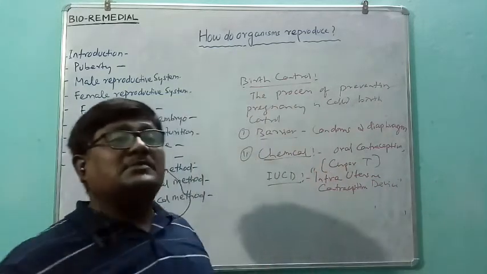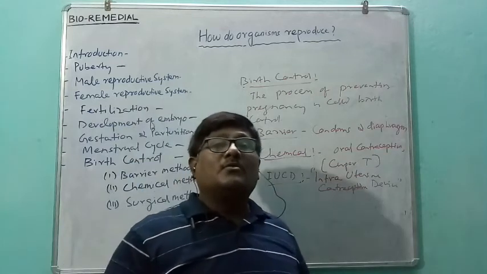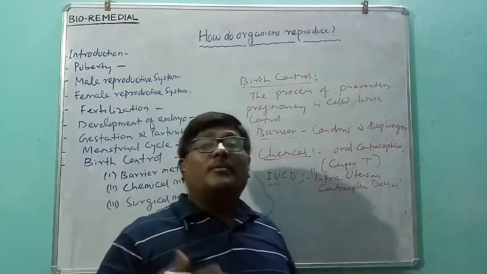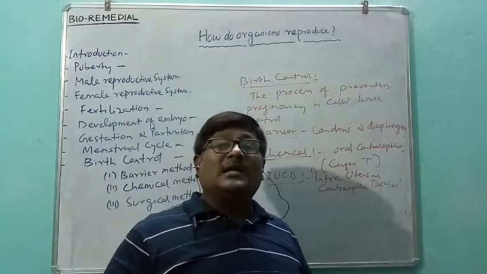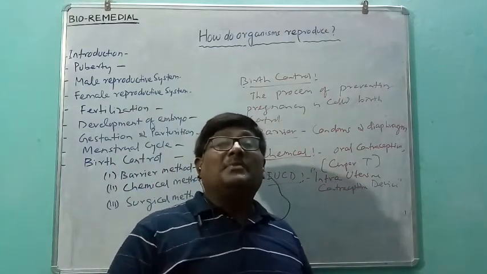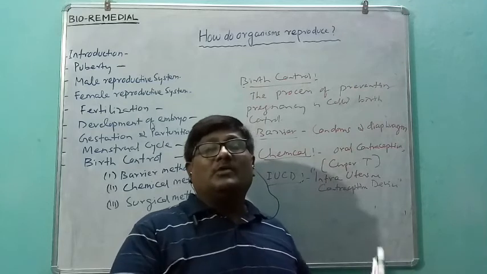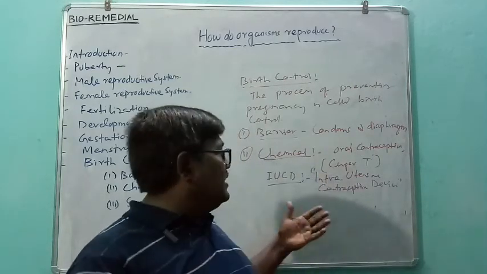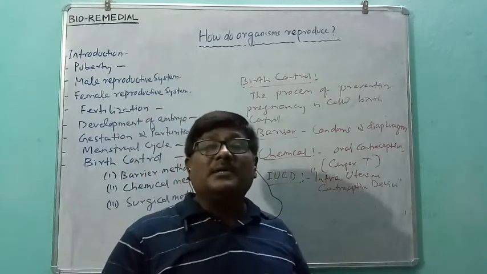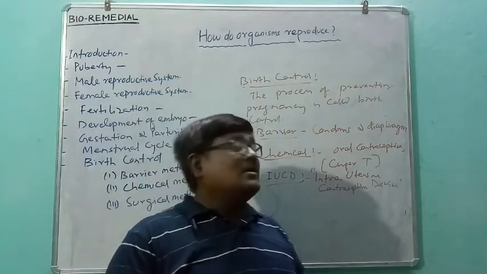It is placed inside the uterus. It will release copper ions that can kill the sperms, and it can prevent the implantation of the embryo. It will prevent the attachment of the embryo to the uterine wall. In this way, it can prevent pregnancy. These are all chemical methods.